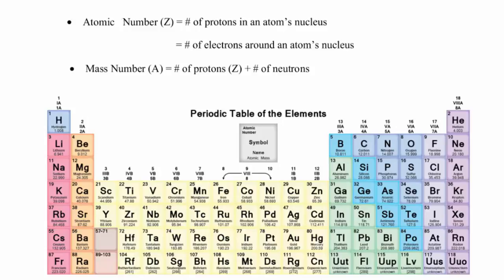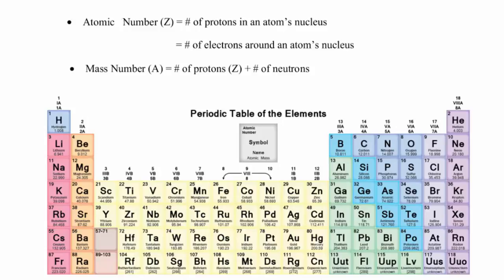We want our positive charges coming from the protons to equal the negative charges coming from the electrons on the outside of the nucleus so that the atom will be neutral. Just know that whenever you see the atomic number, this is equal to the number of protons, and it is also equal to the number of electrons.